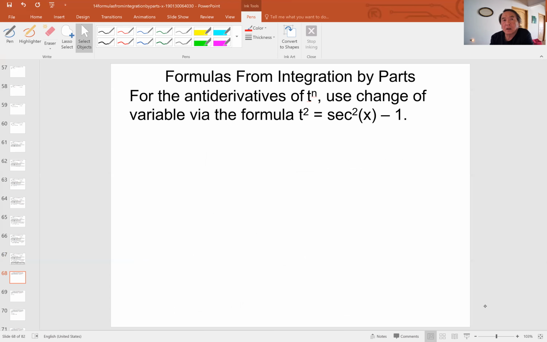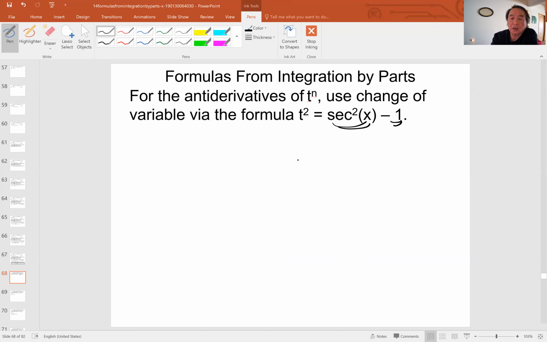Now, the antiderivative of tangent and cotangent to the power n, we don't use the trick involving integration by parts. Actually, we use substitutions. Okay, and basically what we do is we split out a tangent square term and we write tangent square as secant square minus 1.